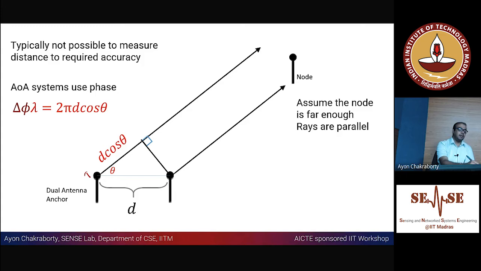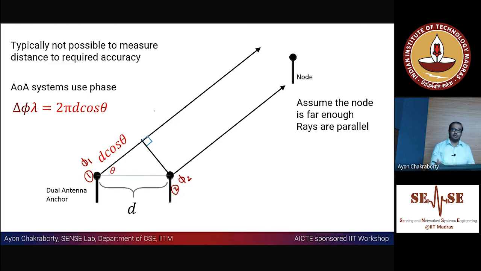So for antenna 1, if you have a phase of arrival phi 1, and in antenna 2 a phase of arrival phi 2, phi 1 minus phi 2 is going to give you delta phi. Delta phi is the difference in phase, because I am going to receive the signal at a certain phase, right?